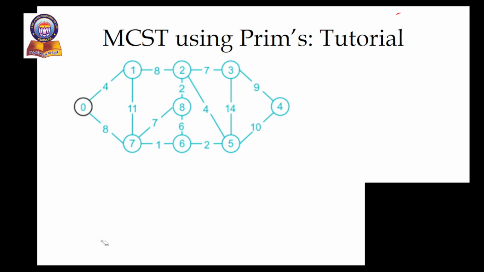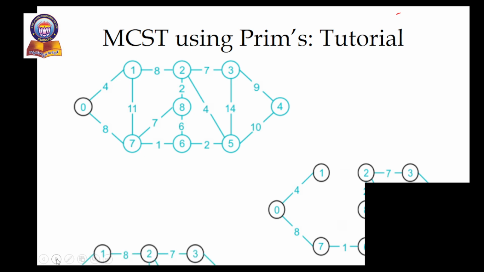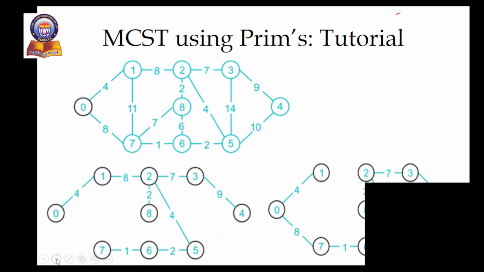So if you solve this kind of problem, as I mentioned, there are two solutions. The first solution is 0 to 1 with the edge cost equal to 4, 0 to 7 with 8, 2 to 8, and so on. Here you can observe there are no cycles being formed. In the other solution, I have taken 0 to 1 with cost 4, and similarly 1 to 2 with the edge cost equal to 8.